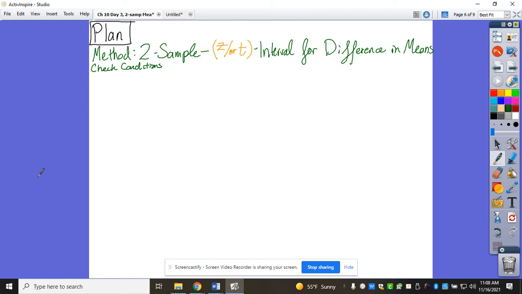I'm going to check my conditions. What's my first condition? Random. Same way we've always done this. Whichever way you usually write it. And then because we're in chapter 10, I need to write what out here?